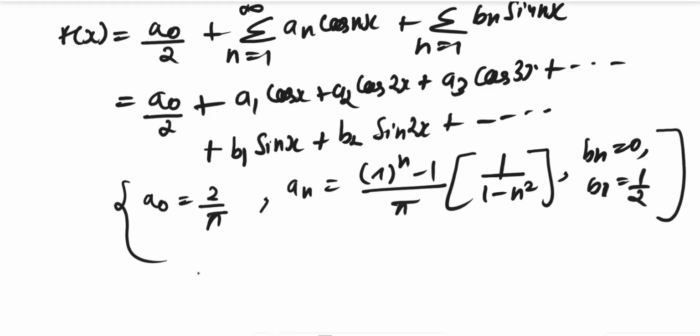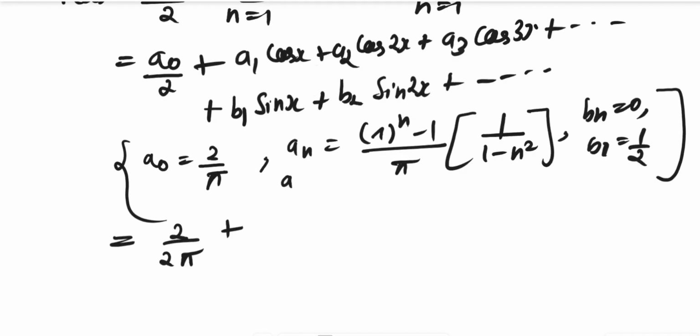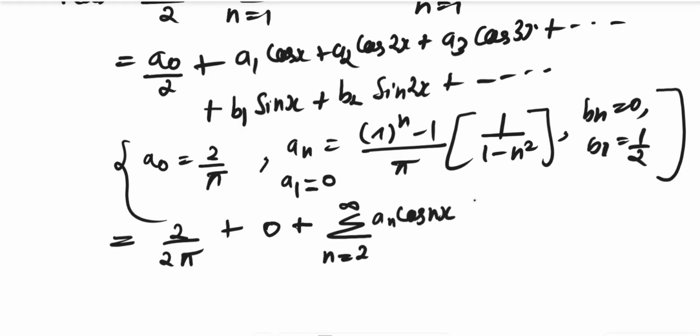So using all this we can write 2 upon 2 pi plus, and a1 was also 0, so the a1 cos x part is 0, plus a2 and a3 onwards the whole part becomes summation n is equal to 2 to infinity an cos nx plus b1, what was it? It was 1 upon 2 sin x, and further b2, b3 till bn were all 0.